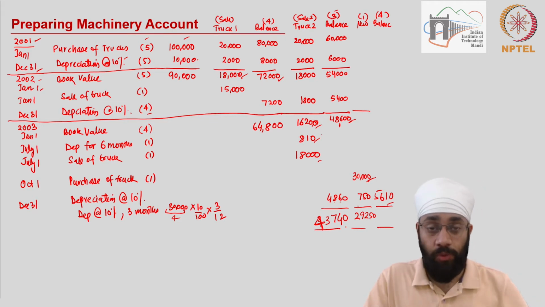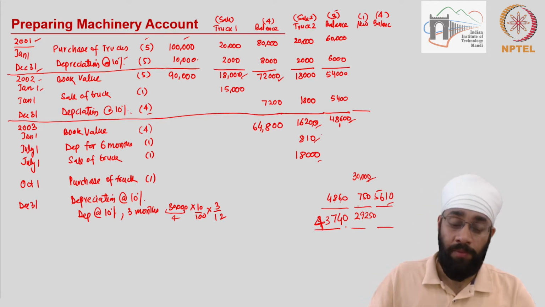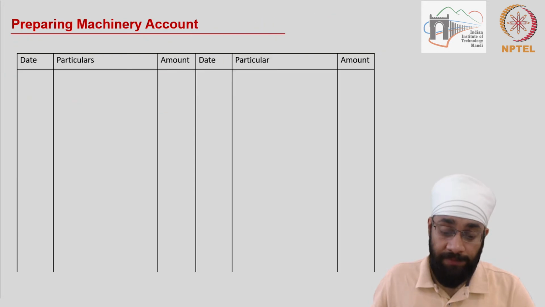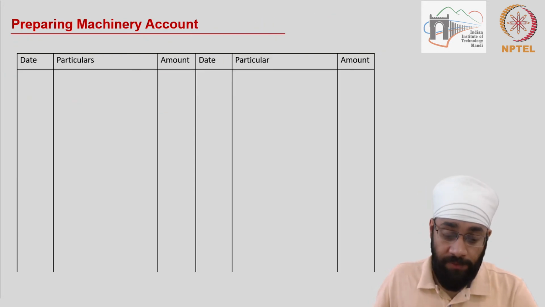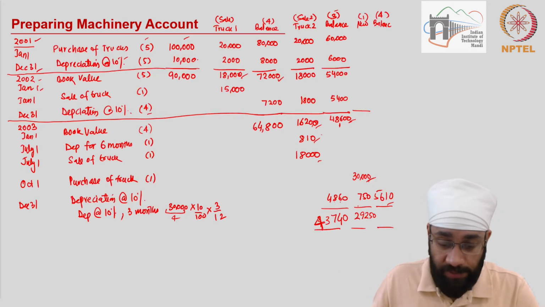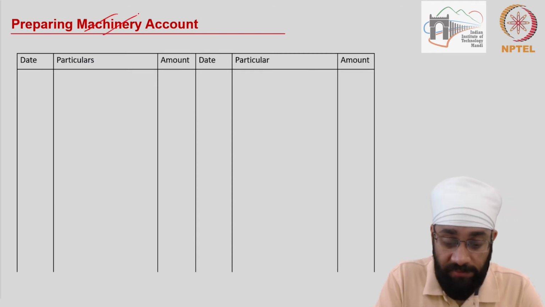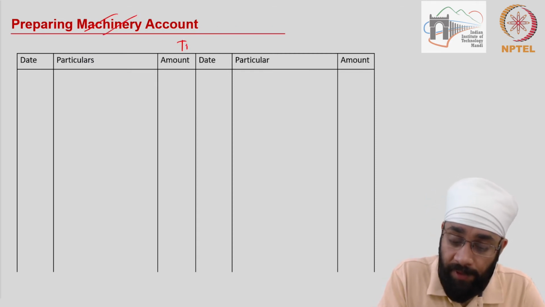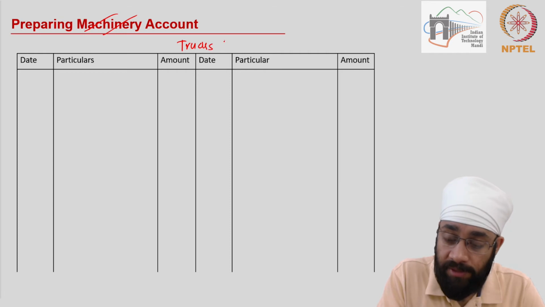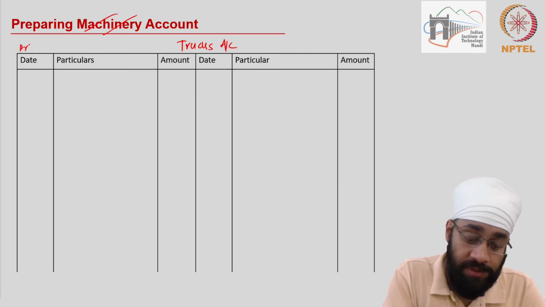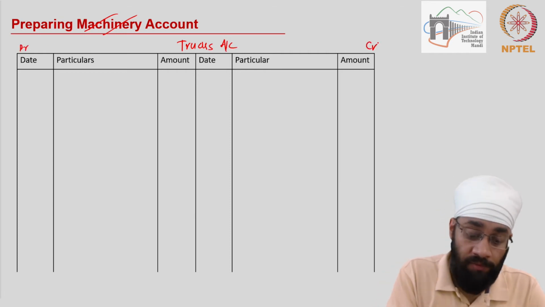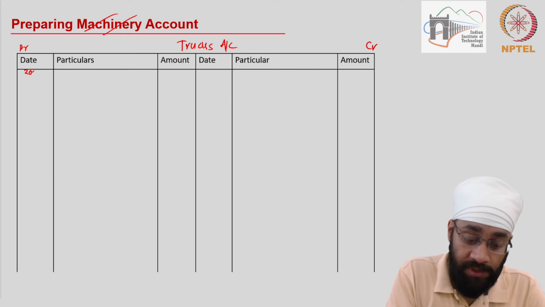So using these working notes, we are going to now prepare the trucks account. So let's move forward. Oh, by the way, this should say trucks account. So we are preparing the trucks account, debit side and credit side. We are going to start in 2001.